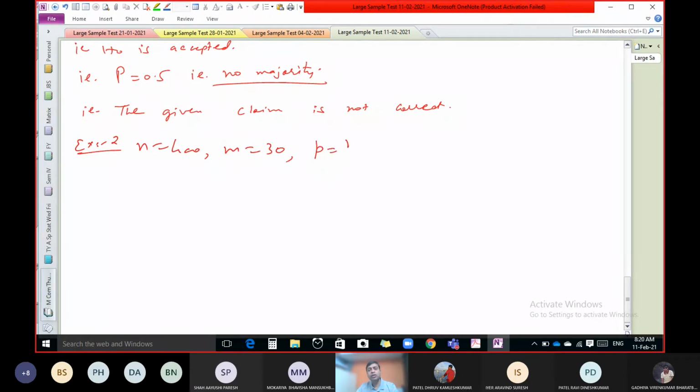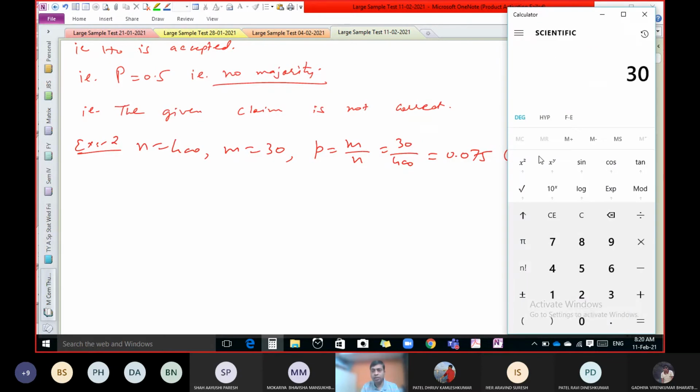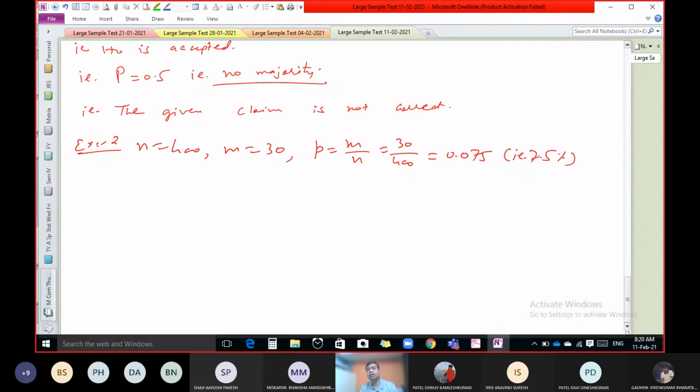So let us find small p. 30 divided by 400 gives 0.075, that is 7.5%. In our sample, we found that 7.5% of products are defective.